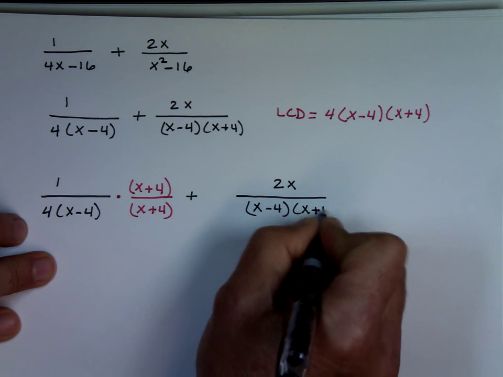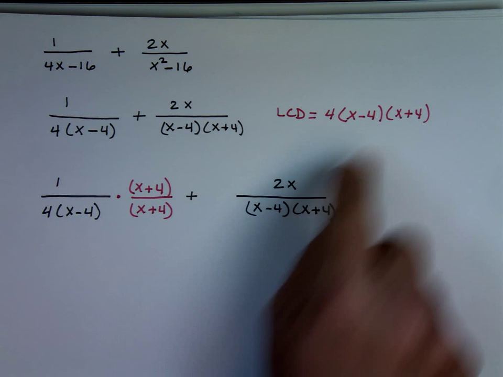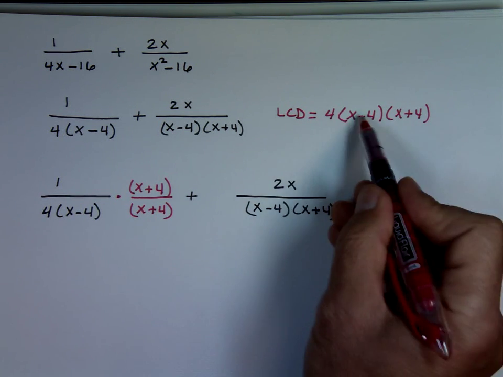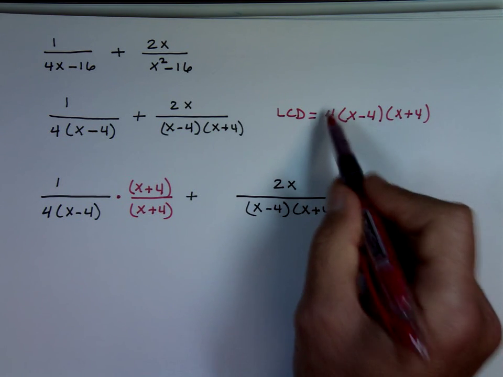And again, I want this one to look like that. Notice I do have the x minus 4. I do have the x plus 4. The only thing missing is the 4. So let me multiply the top and the bottom by 4 of this fraction.